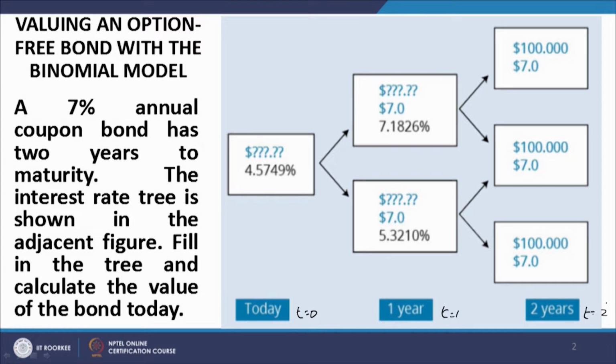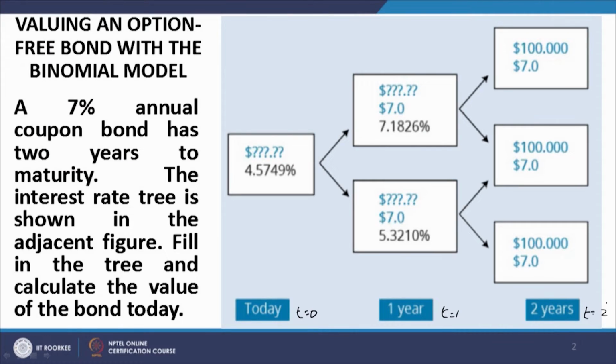For that purpose, as I discussed when I explained the concept of backward induction, we have to start from the right hand side. Our first objective is to calculate the cash flows at the right extreme time period or the maximum time period that we have here, which is 2 years, because the life of the bond is 2 years.